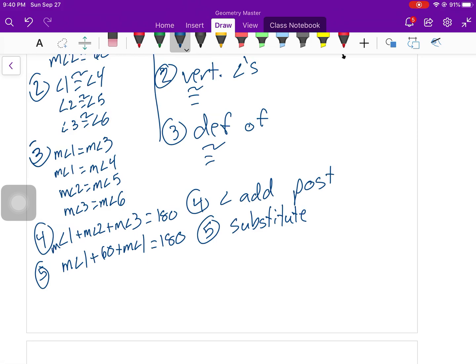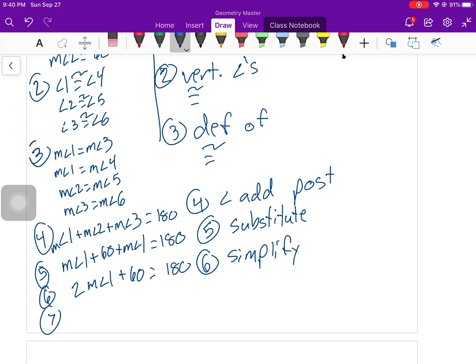Okay, if I simplify, I could say 2 times the measurement of angle 1 plus 60 equals 180. So 2 times measurement of angle 1 equals 120 by subtraction.